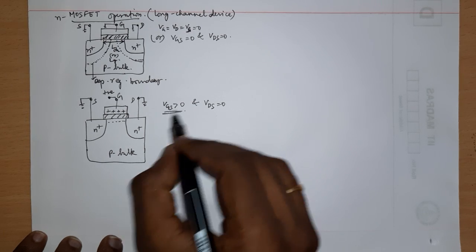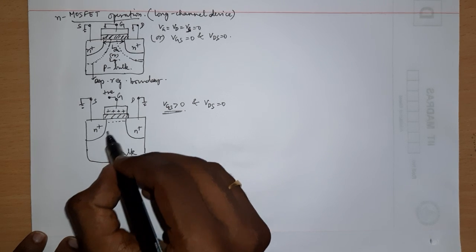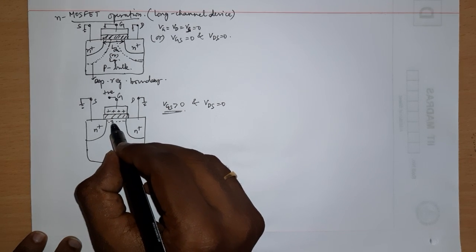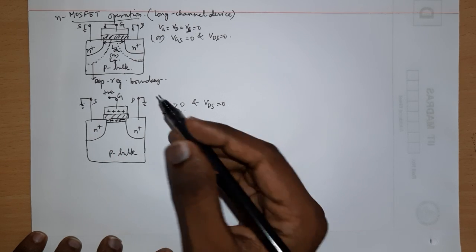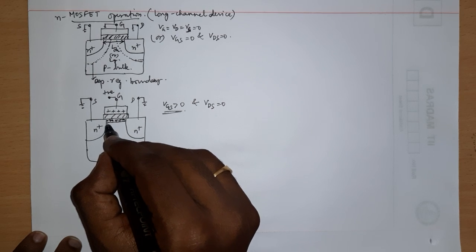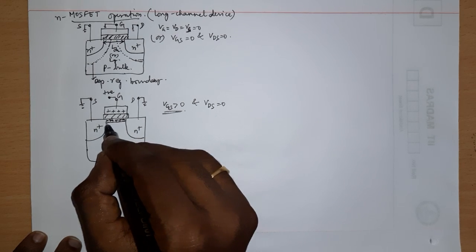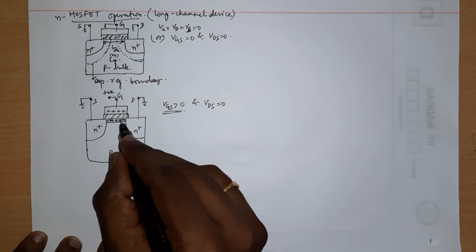Now if you keep on increasing the Vgs, there will be a point of Vgs at which the semiconductor surface close to the oxide will get inverted. What I mean by inversion is that the concentration of the minority carrier at the surface, if it is a P bulk, then the minority is electron, right?